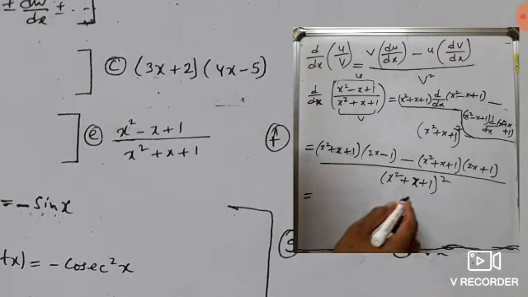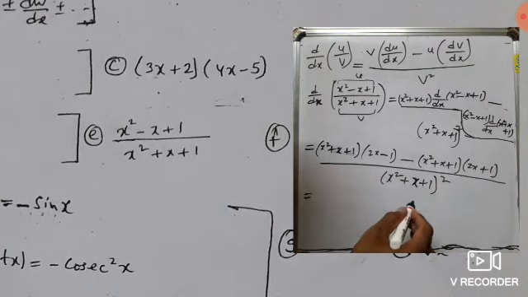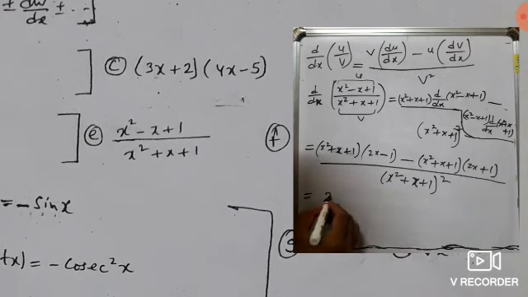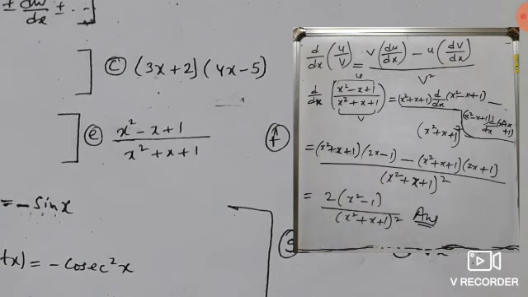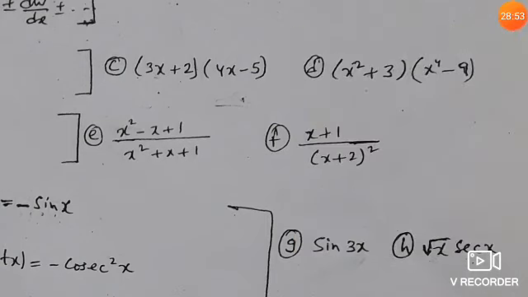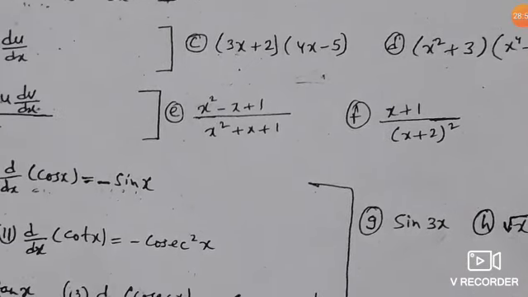When we multiply and solve this, the expression will come out as 2x square minus 1 by x square plus x plus 1 whole square. So this is the answer. Now I have solved E. F will be homework for you.